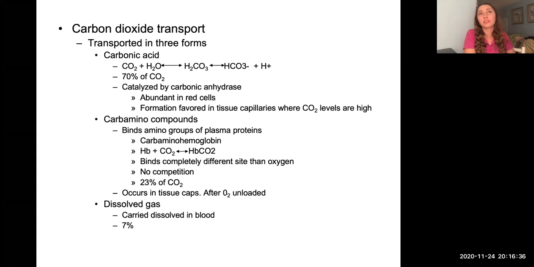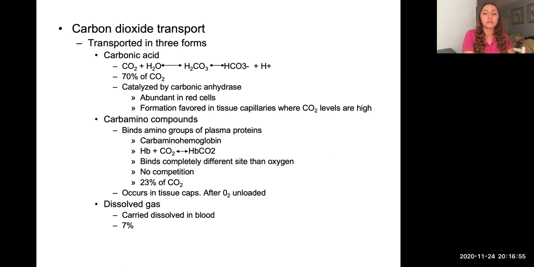So if she asks, does CO2 bind with a higher affinity to the deoxyhemoglobin than the oxyhemoglobin, would that be true or false? True. It would be true.